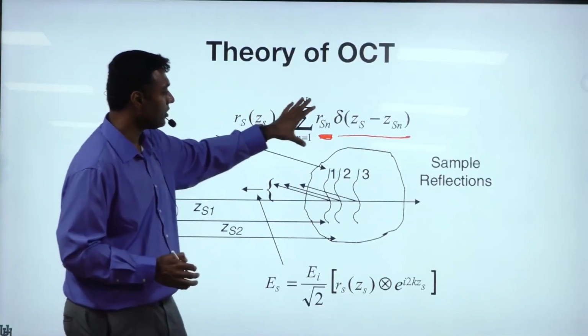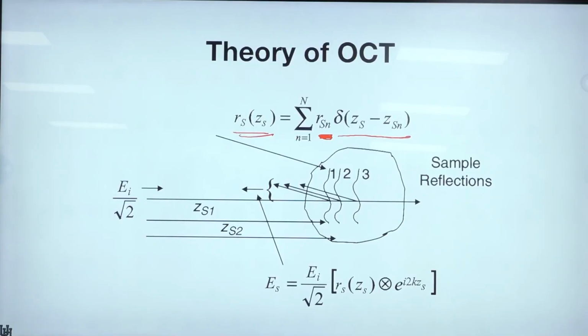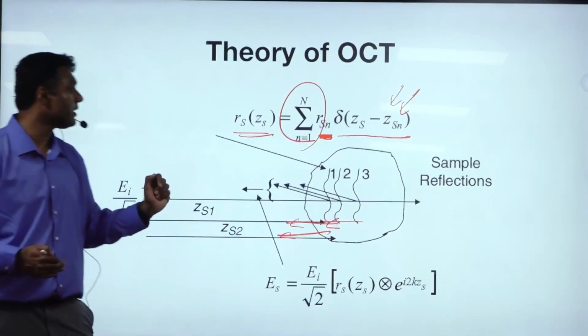So the overall reflection is an addition of reflection from the first surface plus the second surface plus the third surface. The summation is the addition of all the different reflections that happen. The first reflection is happening at ZS1, the second reflection at ZS2, and so on. So you add up the reflections from all the different layers inside.